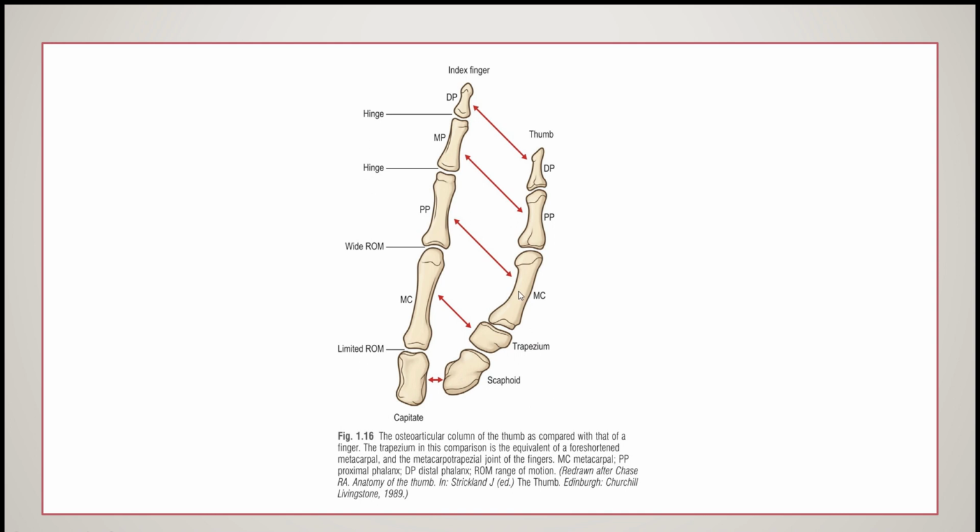Now there is a functional image that's actually not supported by evidence, but they think that the distal phalanx of the thumb resembles the distal phalanx of the index finger, the proximal phalanx of the thumb resembles the middle phalanx of the index finger, the metacarpal resembles the proximal phalanx, the trapezium-metacarpal joint resembles the metacarpophalangeal joint, and the scaphoid resembles the capitate. Again, it's just a functional view to explain the function of the hand. It's not supported by clear evidence, as I've mentioned.